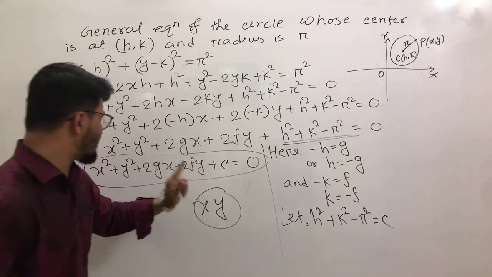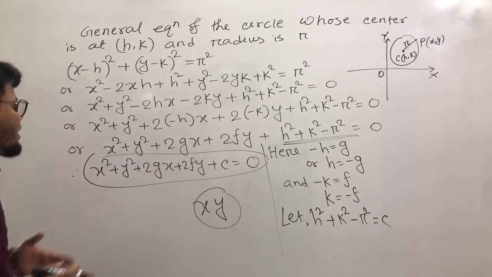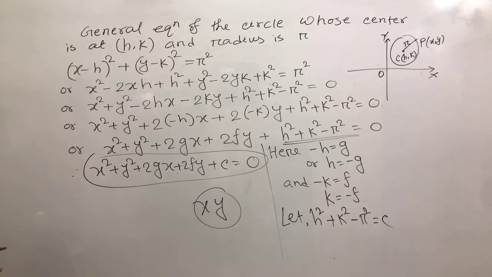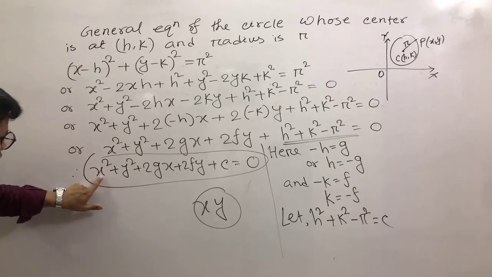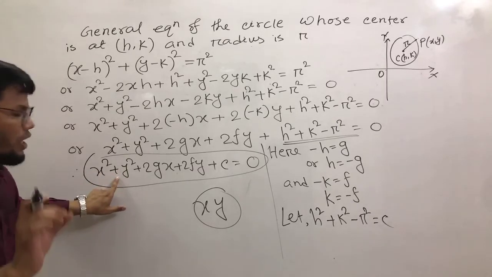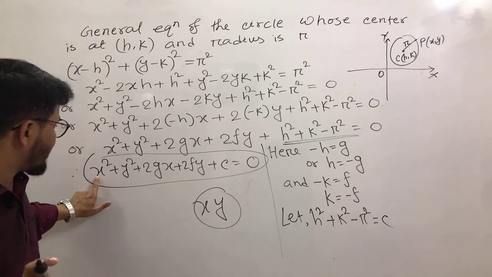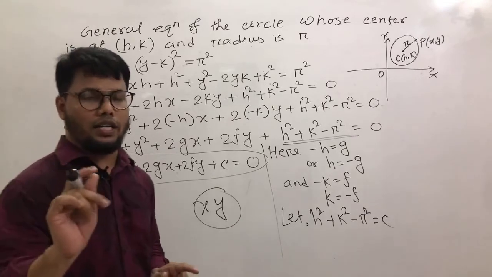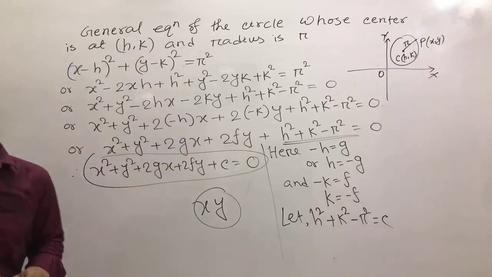So the second characteristic is the index of x and y will be 2, a second degree equation in x and y. And another characteristic is the coefficient of x square is 1, coefficient of y square is 1. The coefficient of both x square and y square will be 1. There are three basic characteristics of a circle, and you have to write them here.